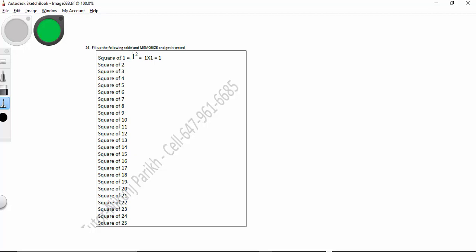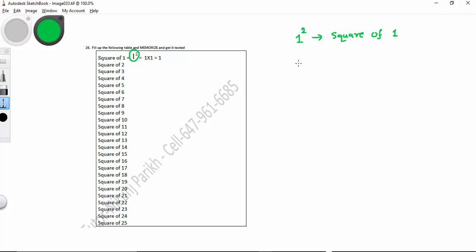Now, let us understand this exercise. This is a special type of power. Why is it a special type of power? Because the exponent is 2. Now, when the exponent is 2, we can say that this power is a square. And a square of what? The base. So square of 1.